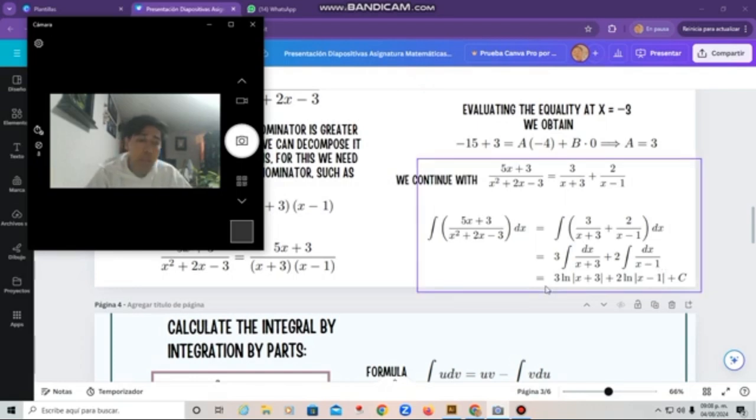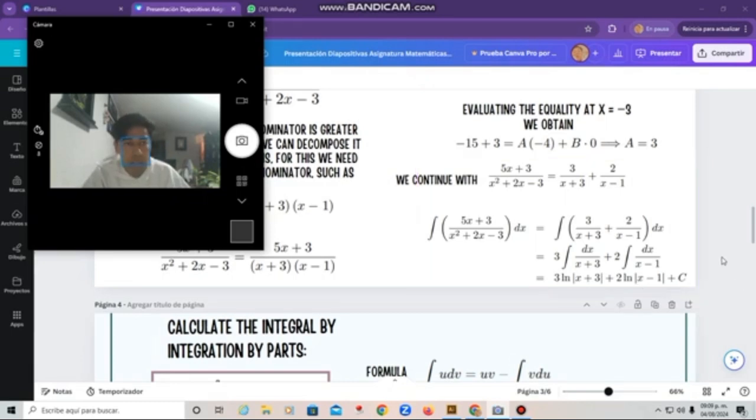So we obtain 3 natural logarithm of (x plus 3) plus 2 natural logarithm of (x minus 1) plus C, and that's it. I don't know how you say natural logarithm in English, but I want to say natural logarithm.